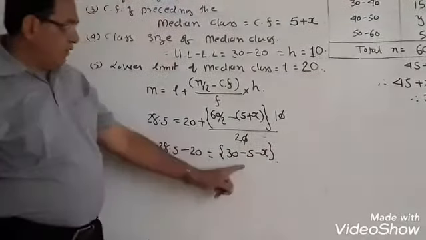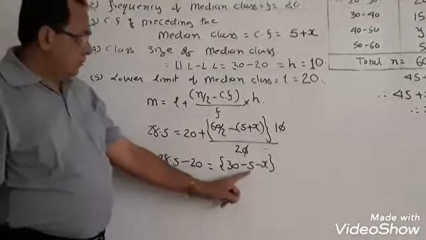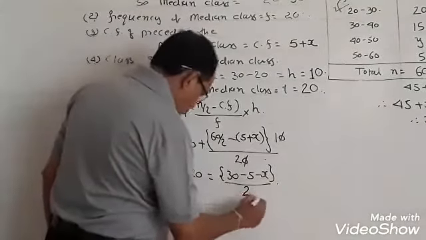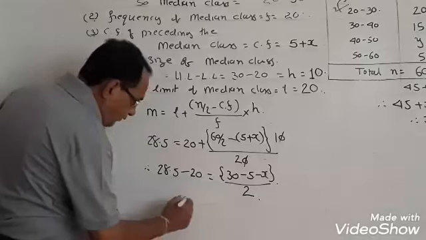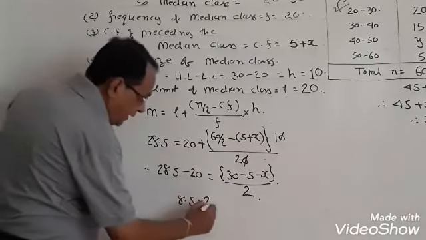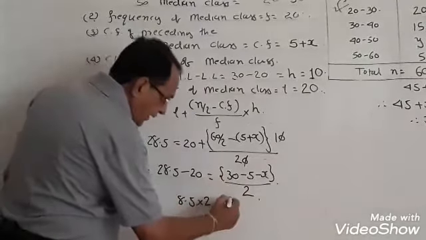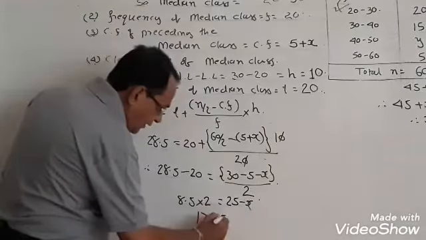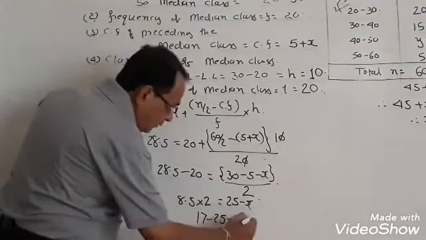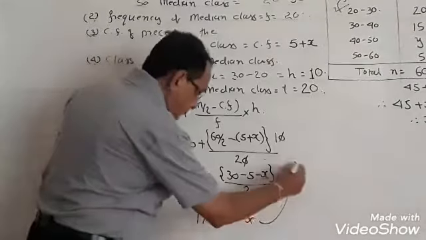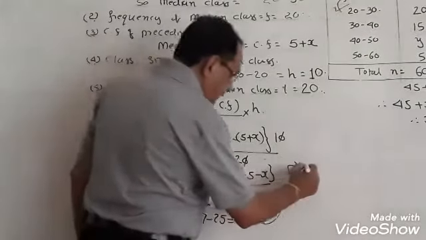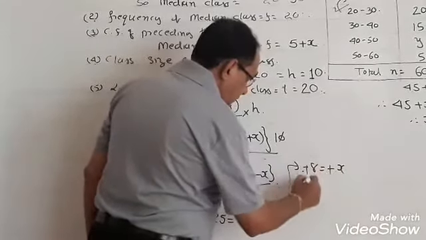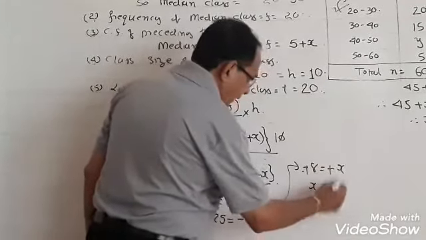Be careful for this point. 8.5 multiplied by 2 is 17, and 30 minus 5 is 25 minus x. 17 minus 25 is equal to minus x. Therefore minus 8 is equal to minus x. Therefore x is equal to 8.